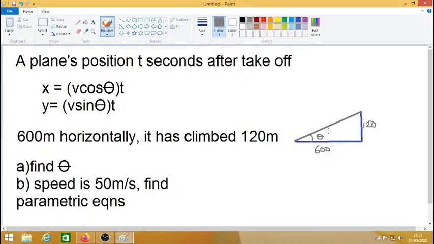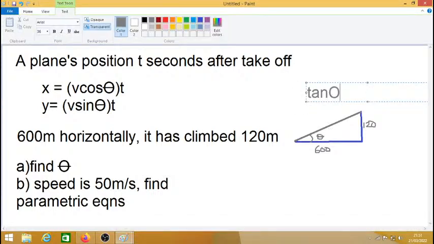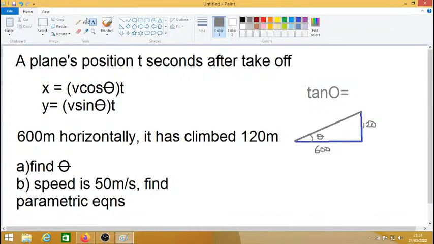It's GCSE maths, sine, cos, and tan. Hopefully you can guess we're going to need tan, so we can say tan theta is equal to, and if you remember the formula for tan theta, it's opposite over adjacent. In this case, the opposite will be 120, and the adjacent will be 600.